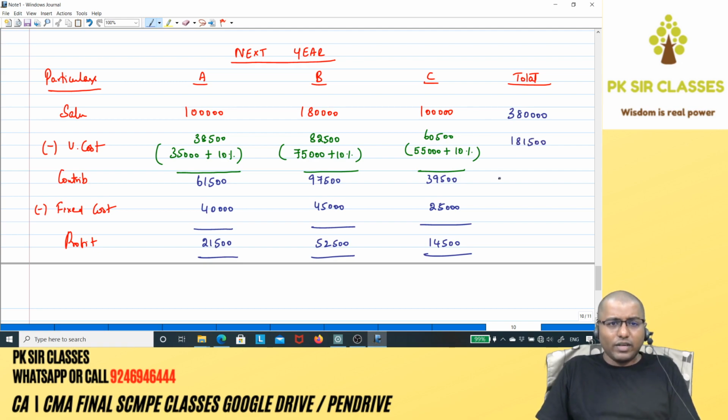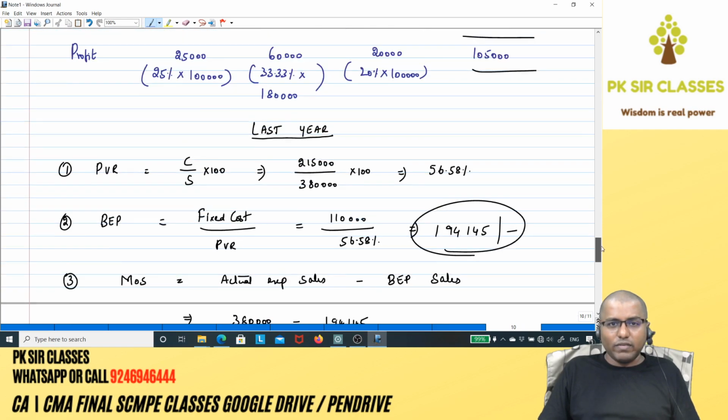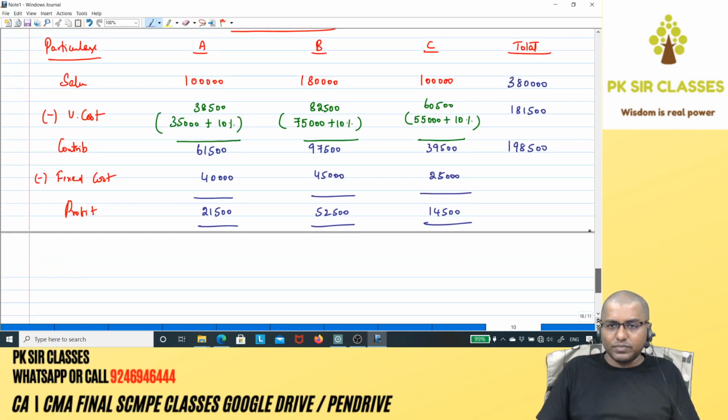Next, contribution: 61,500 plus 97,500 plus 39,500, 1 lakh 98,500. Next, fixed cost. It is the same 40, 45, 25. I think here we have calculated 1 lakh 10,000. Last, profit: 21,500 plus 52,500 plus 14,500. So 88,500. Okay, yeah, right.